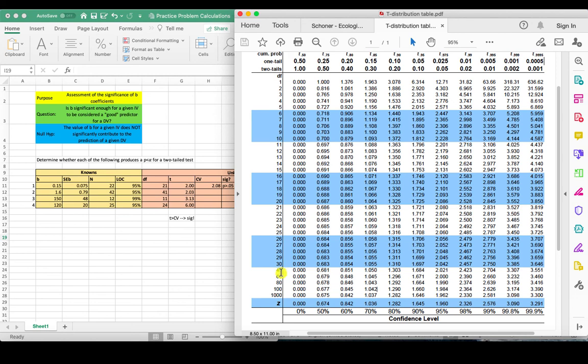So what you'll do in these instances is you'll just pick the value in the degrees of freedom that's closest to your actual degrees of freedom. So in this case, we have 41, we would choose 40. Okay, so if we line that up with 95%, we get a critical value of 2.021.